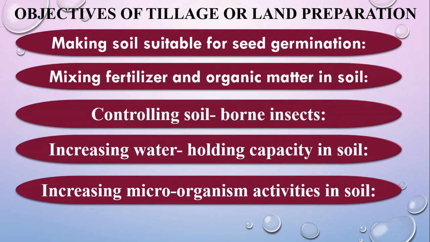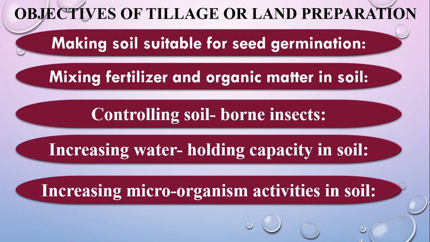Next is increasing microorganism activity in the soil. We know that various microorganisms help keep the soil healthy, but fungi and bacteria are the main ones. These organisms remaining in the soil help to decompose soil organic matter.